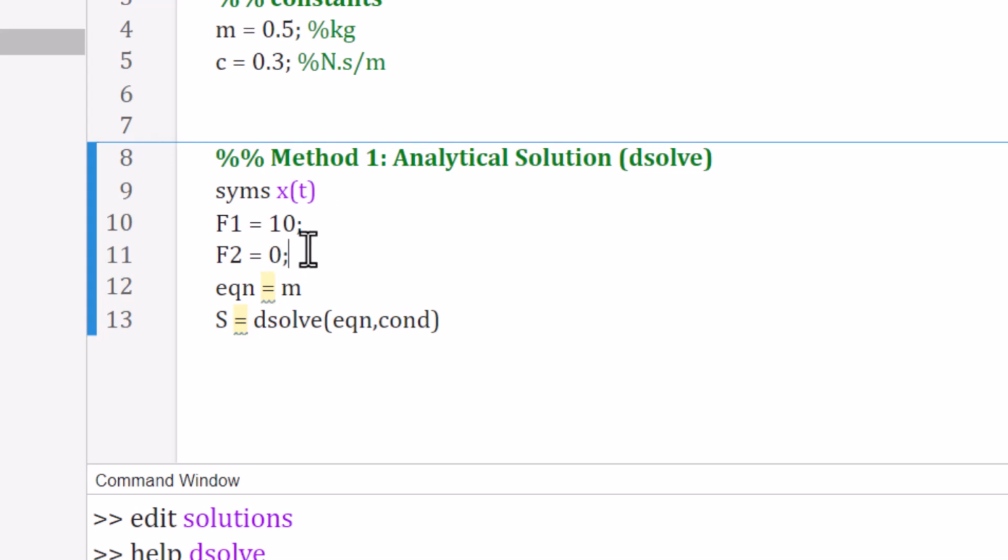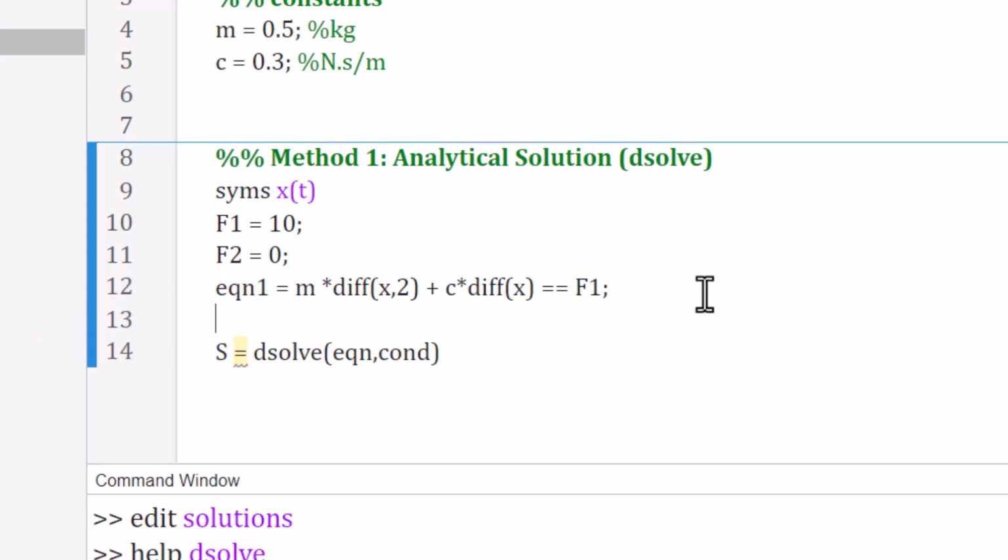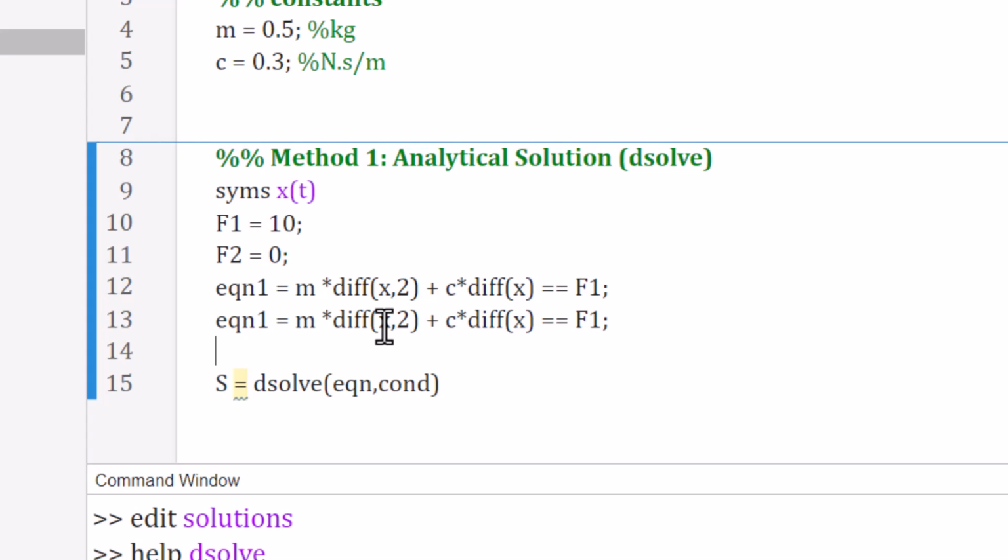So I have two separate equations. The first one is m times the second derivative of x plus c times the first derivative of x is equal to f1. So it is equation 1. And equation 2 is the same equation, but the force is going to be equal to 0.